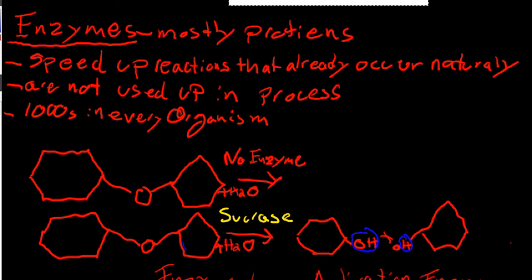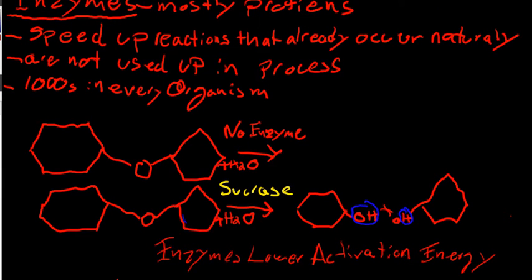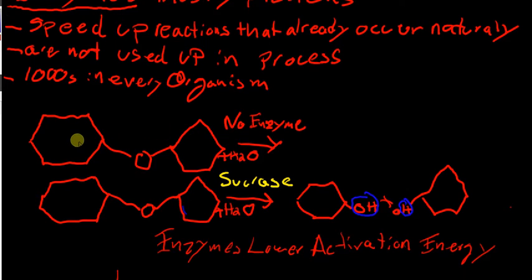So what do I mean by speed up a reaction? Well, here's an example. If I have right here two molecules, one molecule that I have over here is glucose, and then the other is fructose, and they're bound together to the disaccharide sucrose.